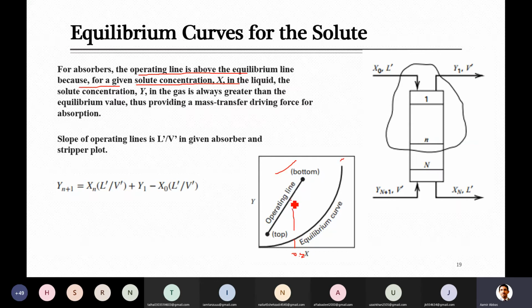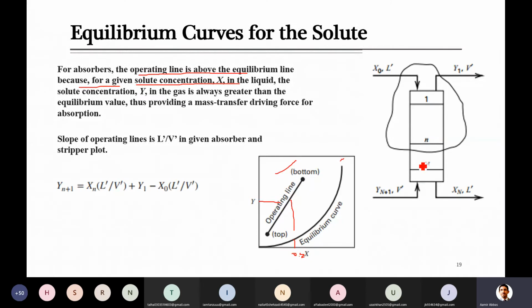So the value of Y corresponding to this value of X is in actuality greater than the equilibrium value. And this acts as a driving force for the absorption.